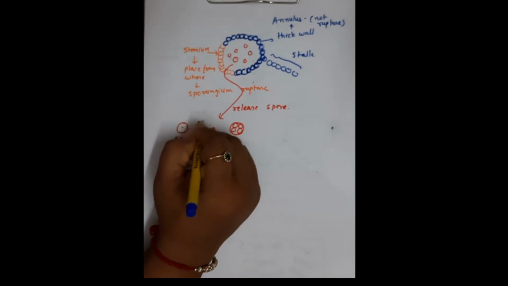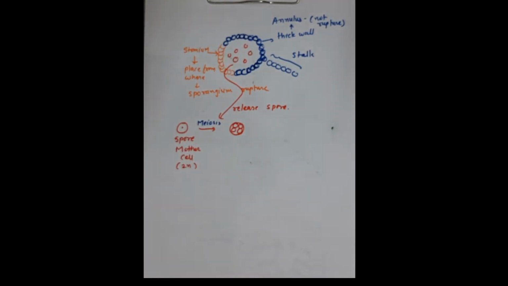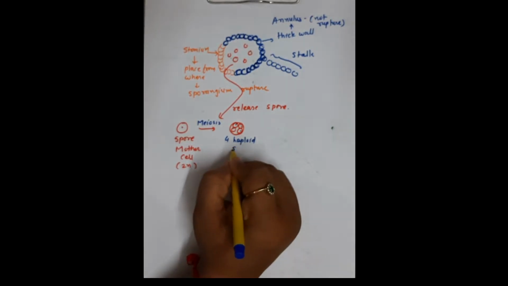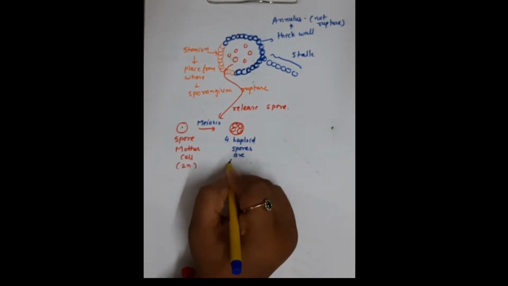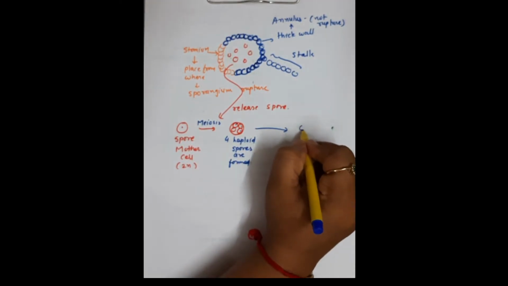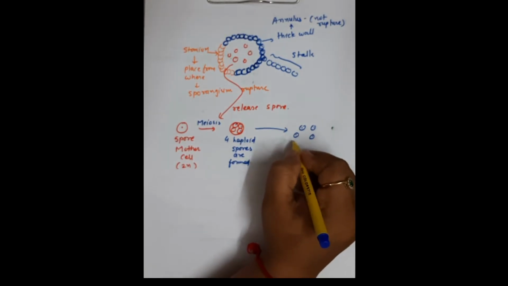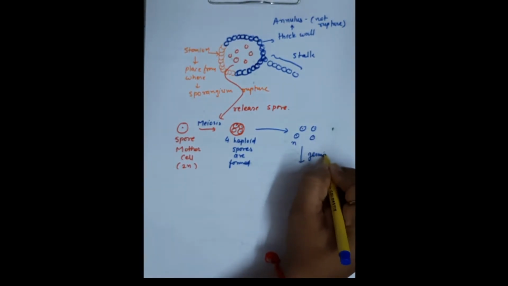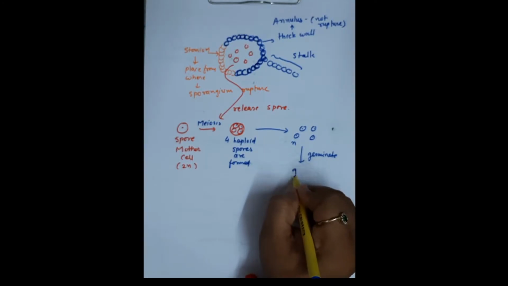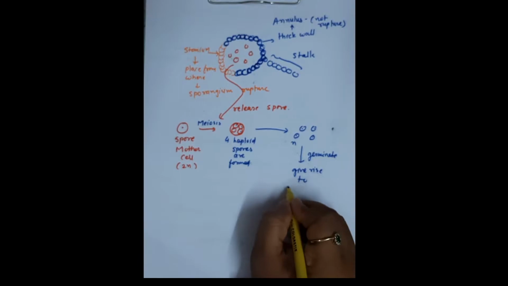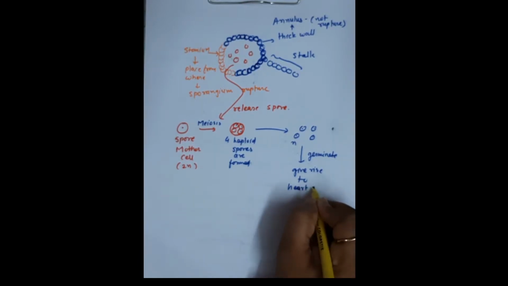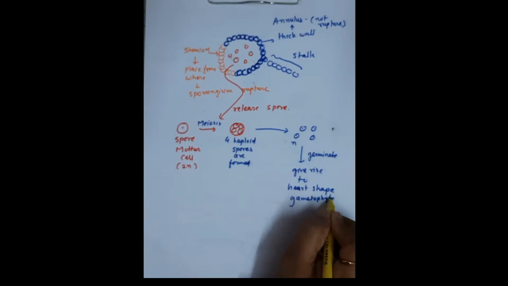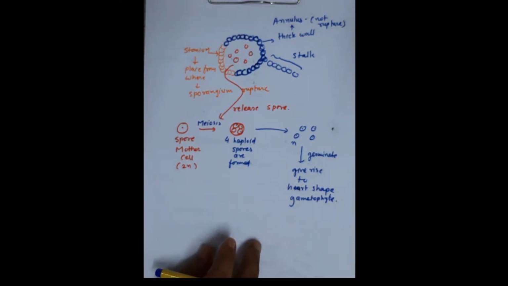So due to meiosis, you can say that 4 haploid spores are formed, and then they get separated and they form haploid spores, which on germination will give rise to a heart shaped gametophyte. ठीक है, तो ये जर्मिनेशन होगा और फिर हार्ट शेप का गामेटोफाइट बनेगा.